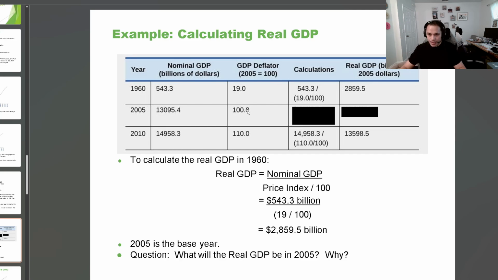In our example here, goods in 1960, the average price level are much cheaper than they were in 2005, and so the price index reflects that with this much lower number. After 2005, we experienced some positive inflation, and so the price index after 2005 is greater. That's all we really need to know for these two concepts. They're kind of the most important from this unit.